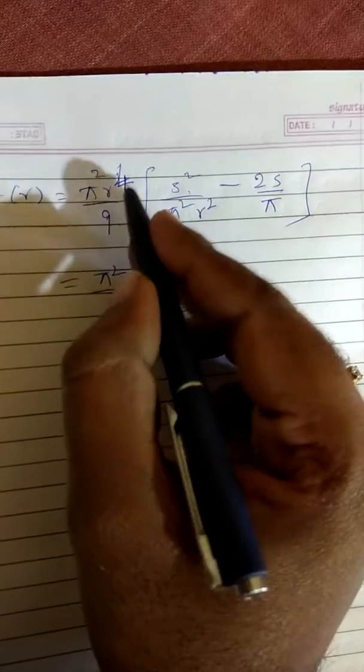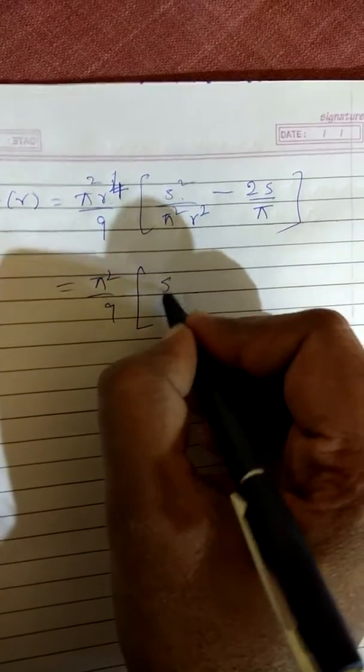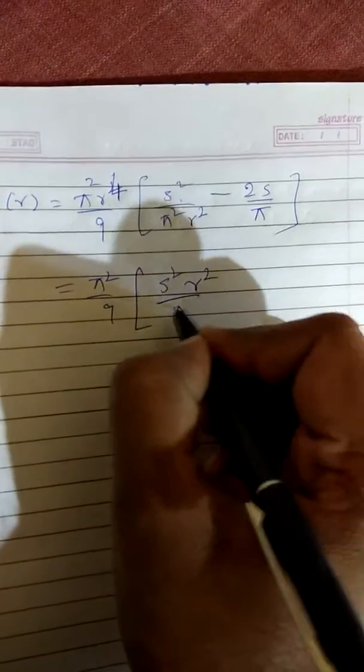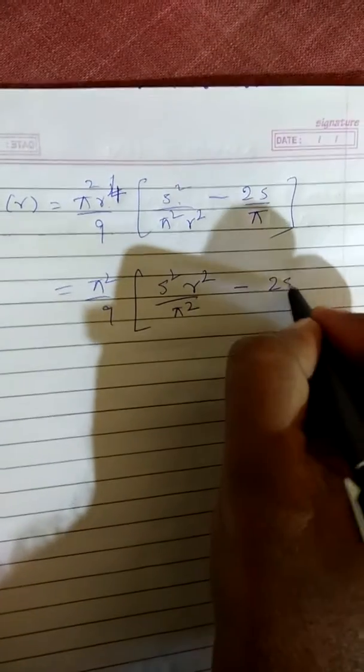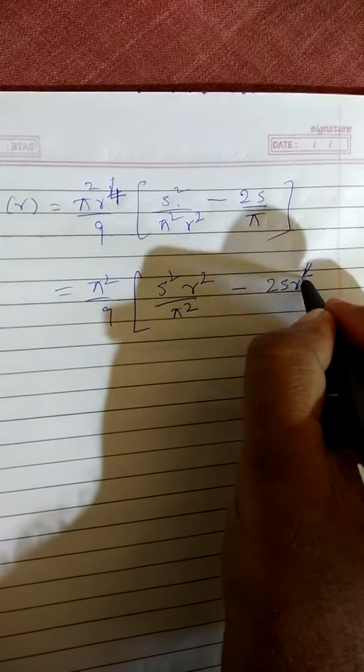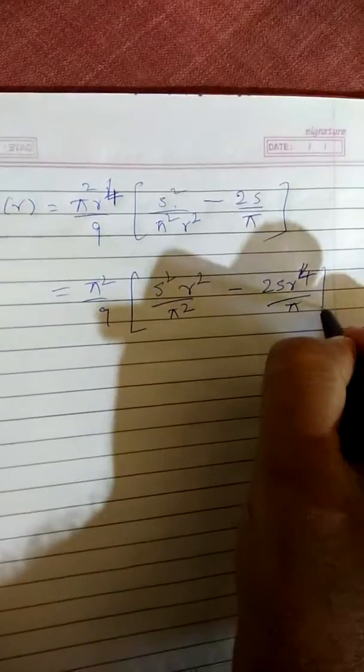If you take r power 4 inside, pi square by 9, r power 4 going inside will become S square r square by pi square minus 2S r power 4 by pi.